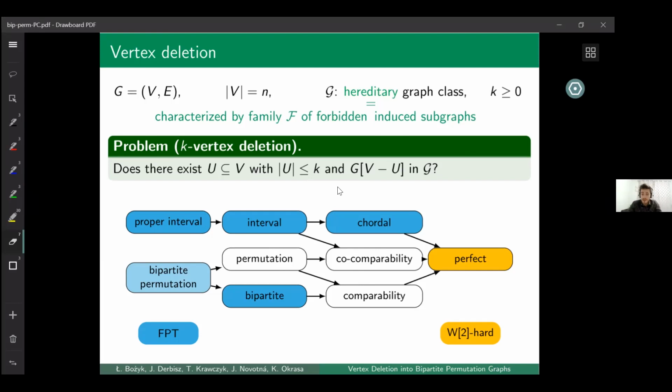Going back to these families of forbidden induced subgraphs, it's easily seen that a simple branching reasoning could be used to obtain an FPT algorithm whenever our family is finite. It was given by Cai in the late 90s. If the collection of forbidden structures is finite, in particular the largest structure has finite size bounded by some number, and we can easily see that this is the order of the polynomial in which it is FPT.